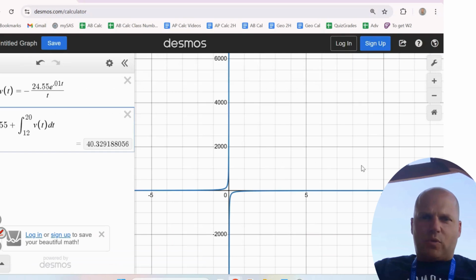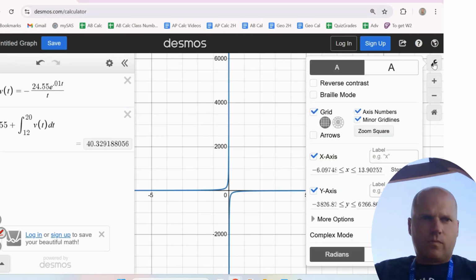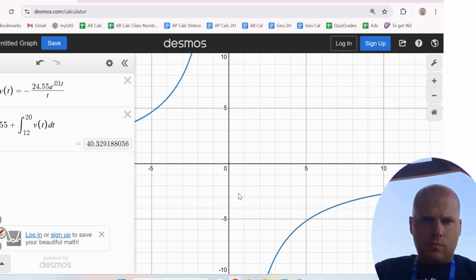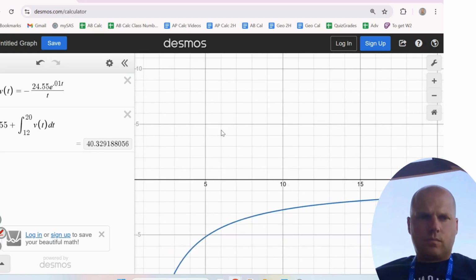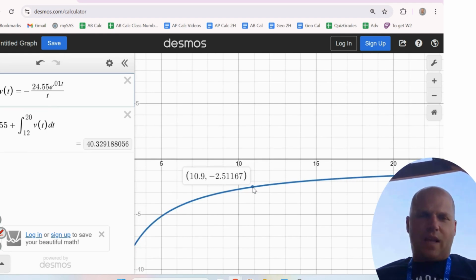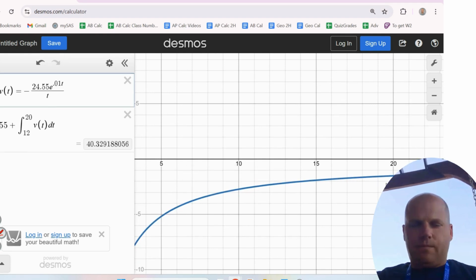Now you can see between 12 and 20 that your derivative is increasing.